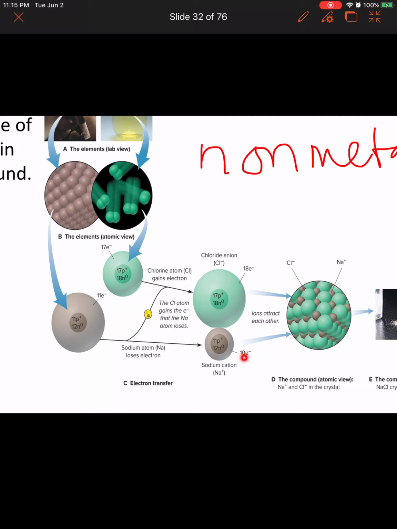Then what's going to be the charge of sodium if it loses an electron? Remember earlier, sodium has 11 protons and 11 electrons, right? Electrons are negatively charged, protons are positively charged.